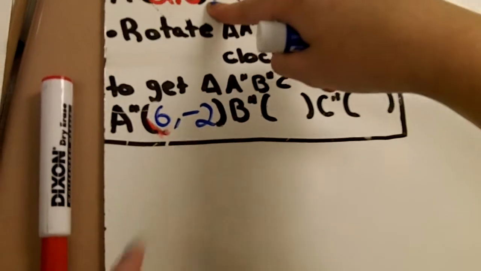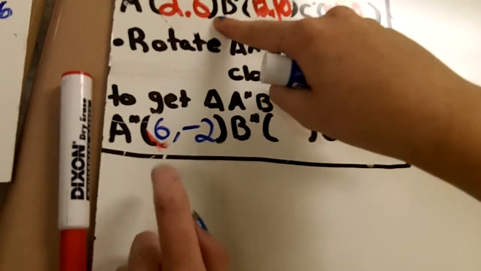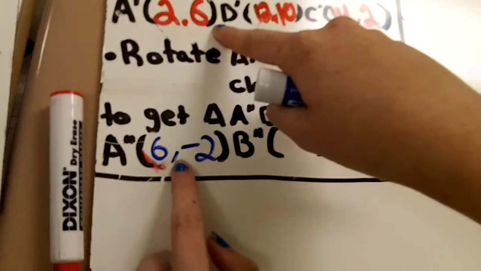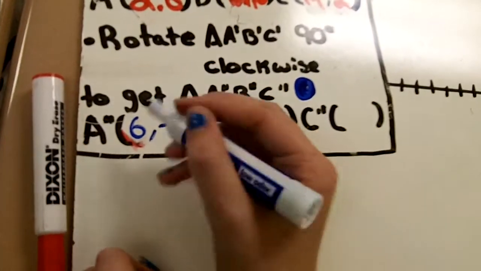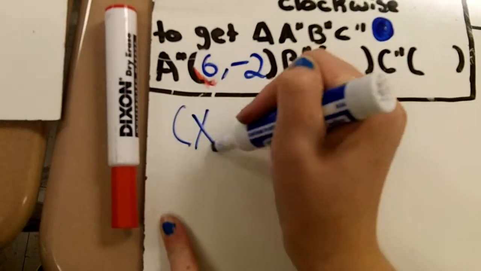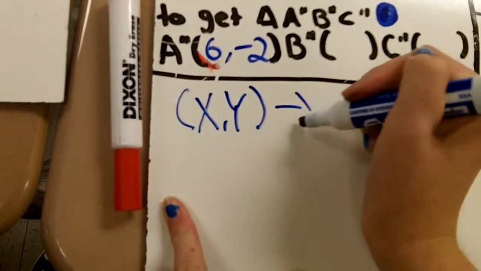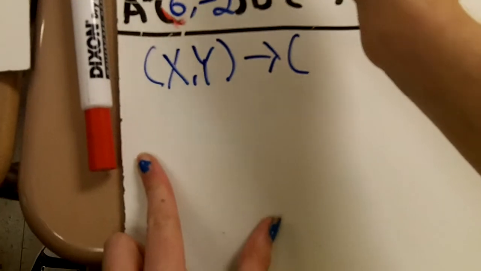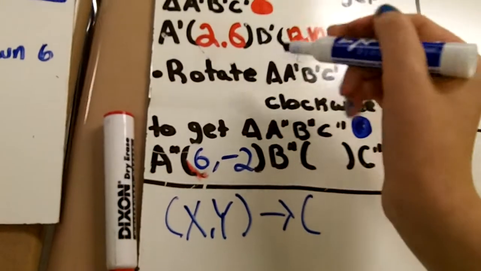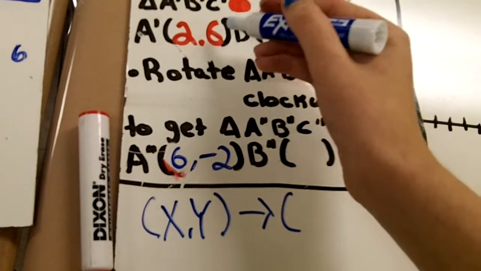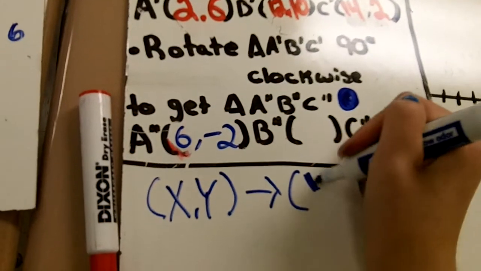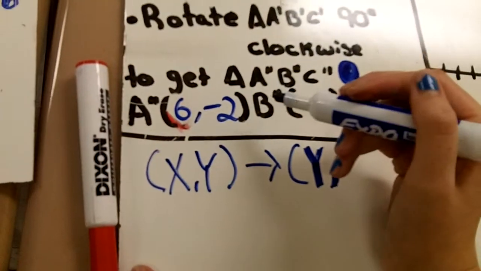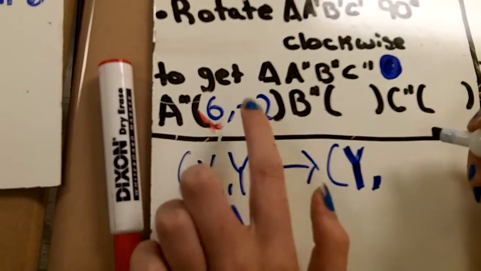Since A prime was 2, 6, and A double prime is 6, negative 2, we can figure out the algebraic rule for this would be: (x, y) goes to, since the two integers are flipped, we can see that the y turns into the new x, so y goes in front, and then we can see that 2 has been moved to the y spot, but it also has a negative sign.